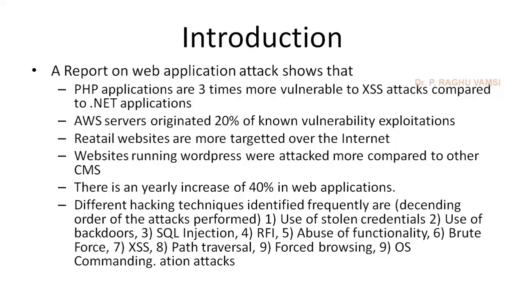Next, AWS servers originated 20% of known vulnerability exploitation. Known vulnerabilities are listed in a repository called CVE, the commonly known vulnerabilities repository, which lists the most commonly occurring vulnerabilities whenever you know the version of a web server or the version of the programming language you are using.